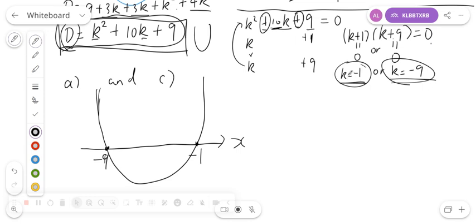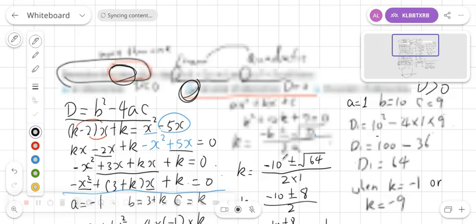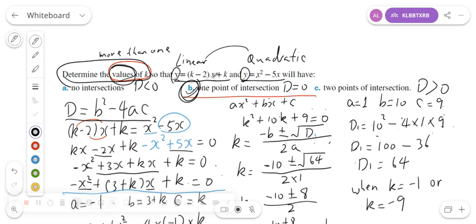So we could have 2 k values. If the question were changed, we could have 3 or 5 k values. As long as I get my k value from D equals 0, the main question gives me only 1 point of intersection between this linear and this quadratic. My k can have so many multiple values, but my intersection will remain only 1.